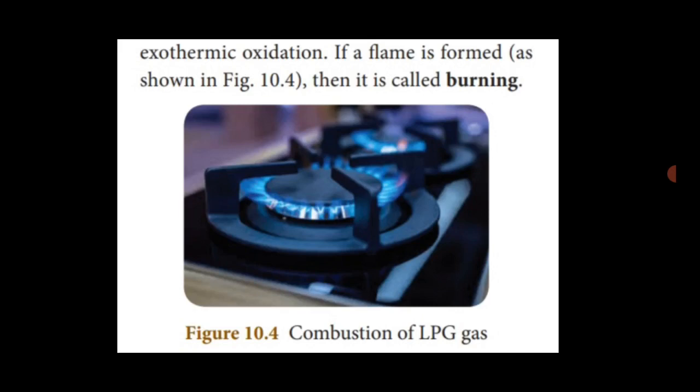The addition of oxygen is what type of reaction? Oxidation. So this combustion reaction is called exothermic oxidation reaction. The flame is formed, so this is otherwise called burning reaction. This picture indicates one of the burning. What burning? LPG gas is burning.